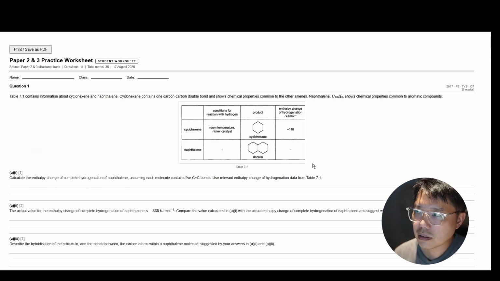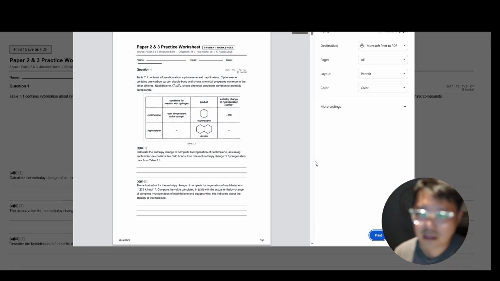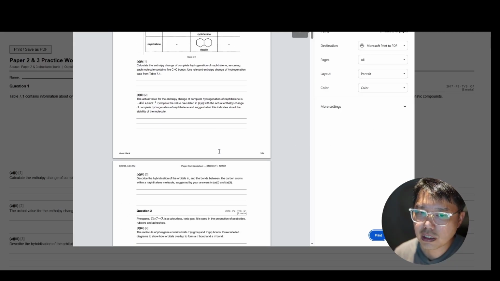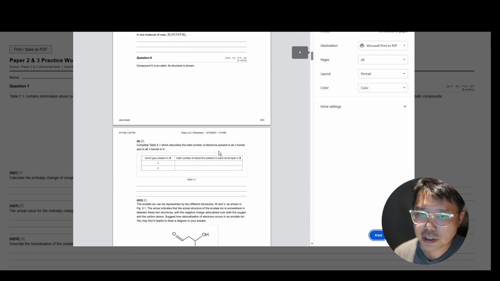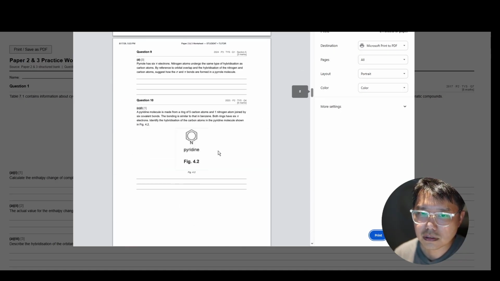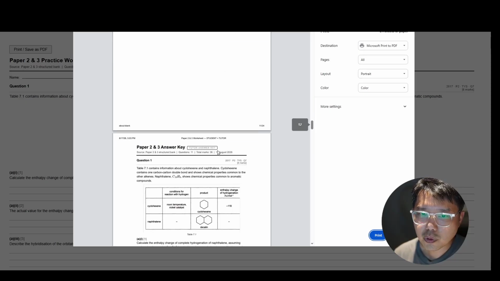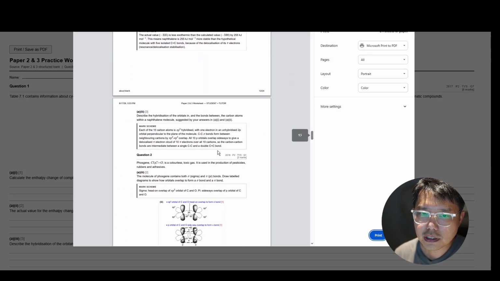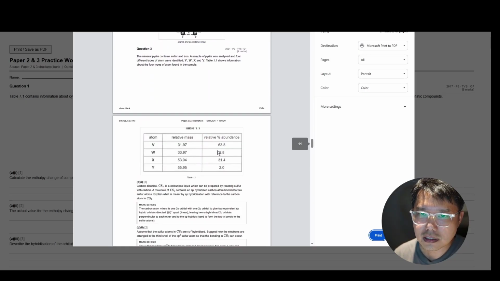Okay, so this is a function in our ChemBank where we can print out the worksheets. We have both the questions and the answer keys.